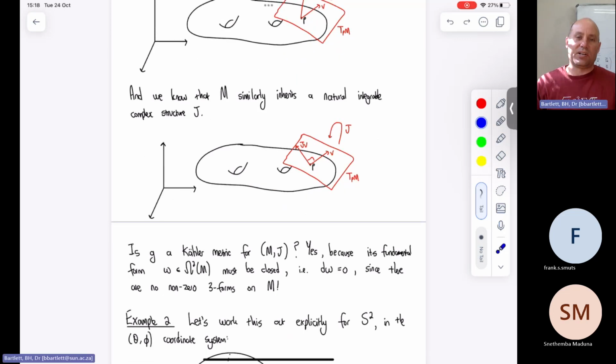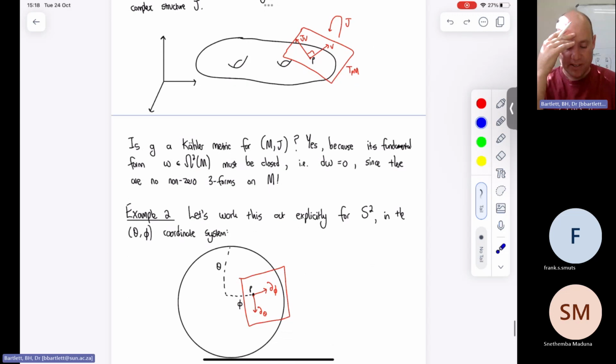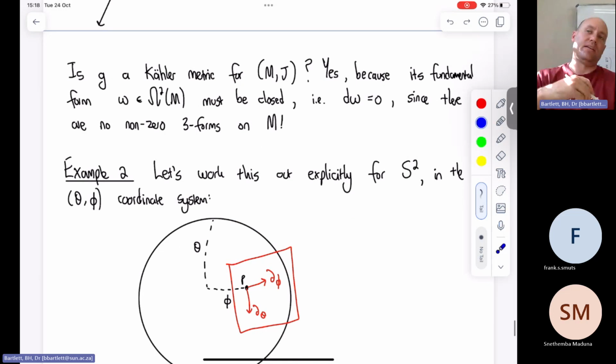So you know that my favorite complex manifold is the 2-sphere. So let's work this out all explicitly for the 2-sphere, say in the theta phi coordinate system. Okay, so here's the 2-sphere, and I've got coordinates on it given by latitude, which is theta, and longitude, which is phi. Obviously, this doesn't cover the whole sphere, but it covers the sphere away from the north and south poles.